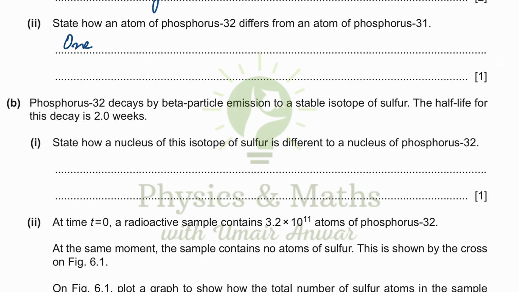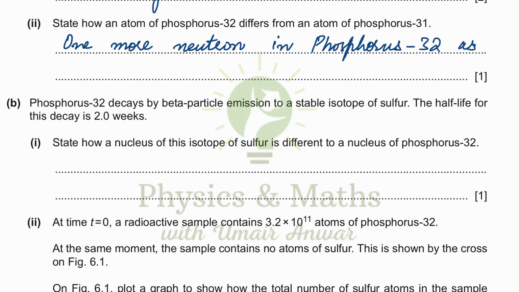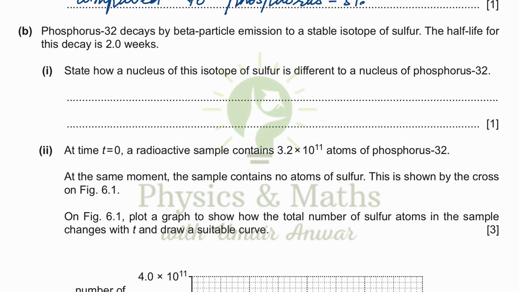So there is one more neutron in phosphorus-32 as compared to phosphorus-31. Phosphorus-32 decays by beta particle emission to a stable isotope of sulfur.